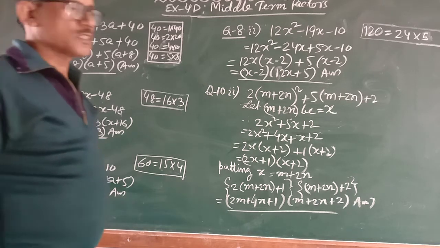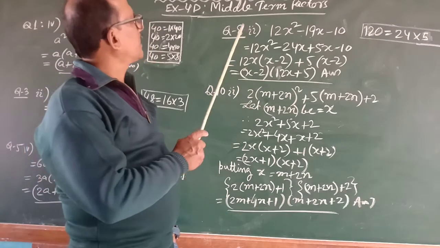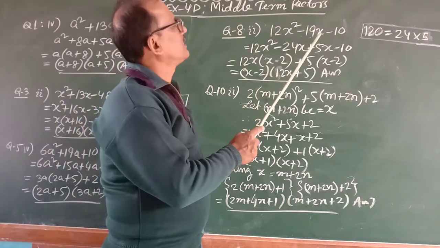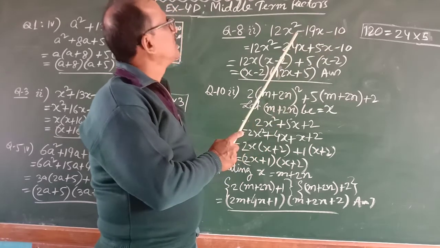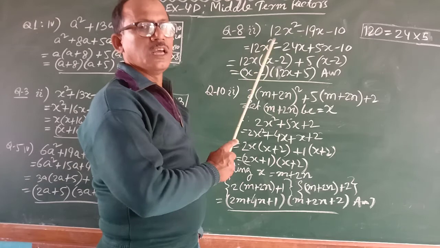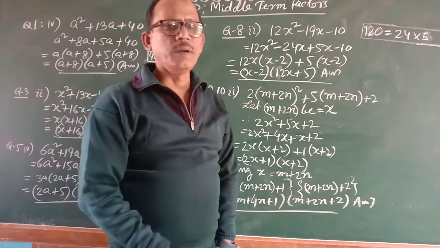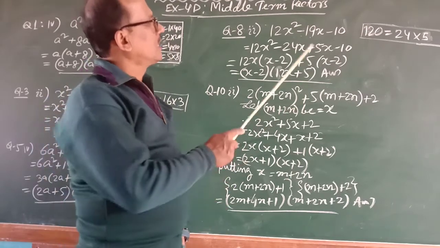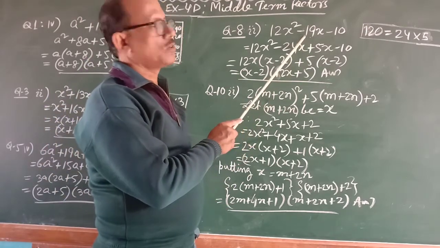We will move on to some more sums. See here I have taken question number 8, second one, 12x square minus 19x minus 10. See here 10 into 12 is 120. 120 has got so many factors. So the pair of factors should be such that their addition or subtraction will become 19.